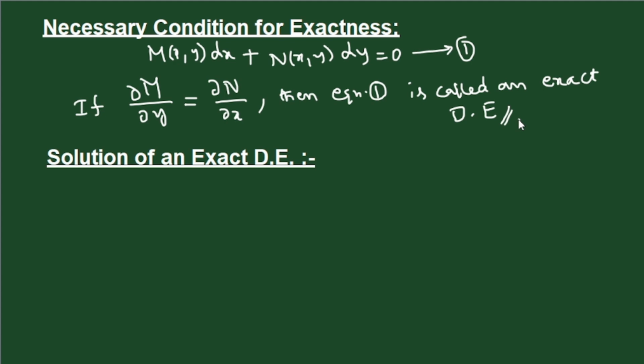Then how do you solve? What is the solution of this equation 1? Once it is proven to be exact, the solution looks like integral of m of xy dx, keeping y as constant. That means throughout this integral, we keep y as constant.